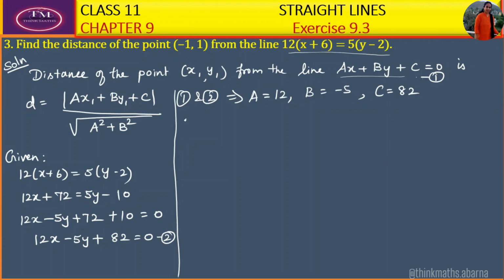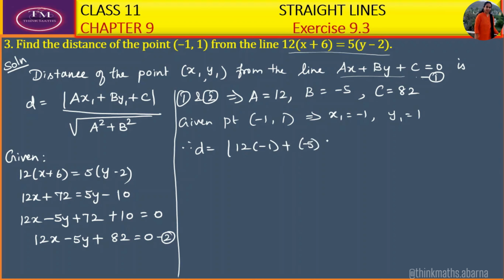What is the given point? So the given point is minus 1 comma 1. So x1 is minus 1 and y1 is 1. Therefore the distance is nothing but modulus of A x1 plus B y1 plus C, that is 12 into x1, minus 5 into y1, plus 82, divided by square root of A square plus B square, 12 square plus minus 5 whole square.